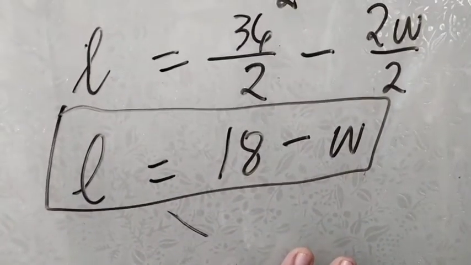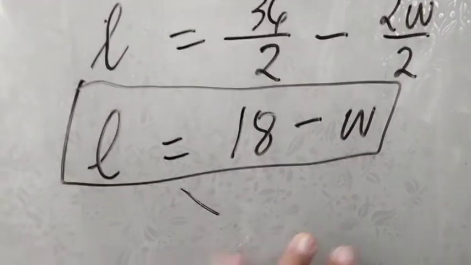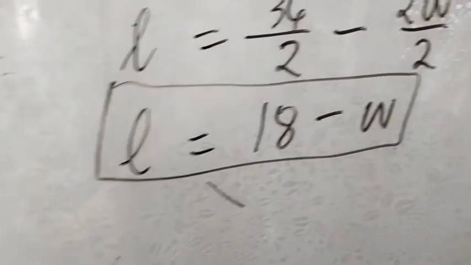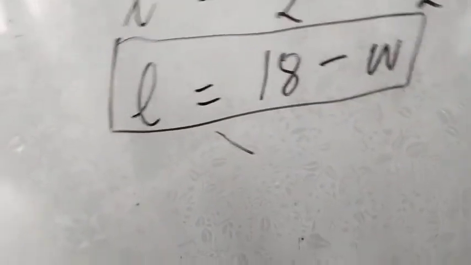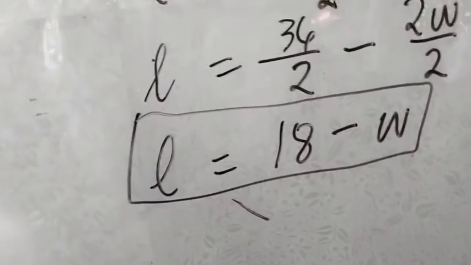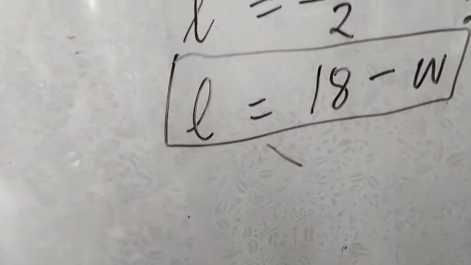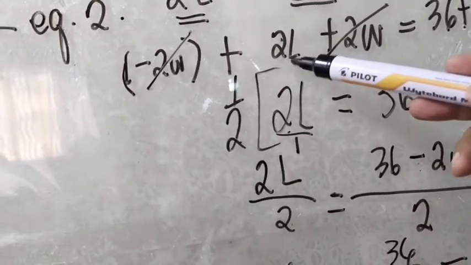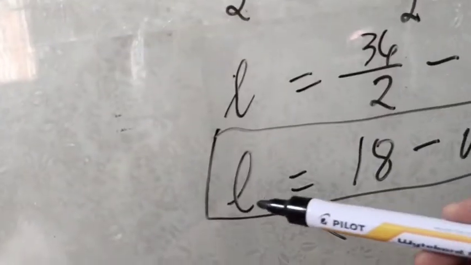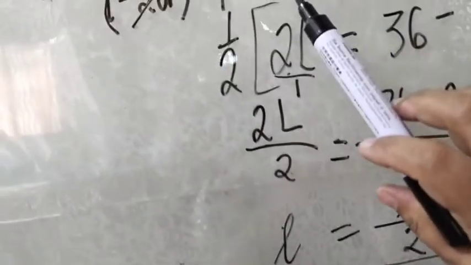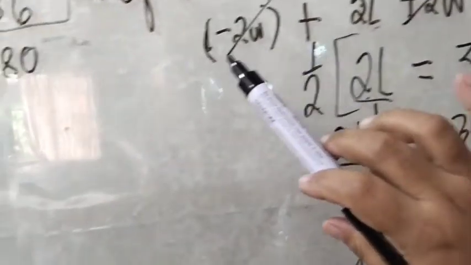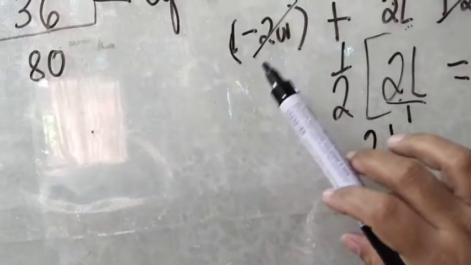Kailangan constant ang ating value ng L. Next. Kung W naman ang hahanapin natin, same procedure, ang isi-zero lang natin dito ay yung 2L. For you to find the value of W, ito naman yung ating isi-zero. So, itong ating 2L, magiging negative 2L. So, let us try.